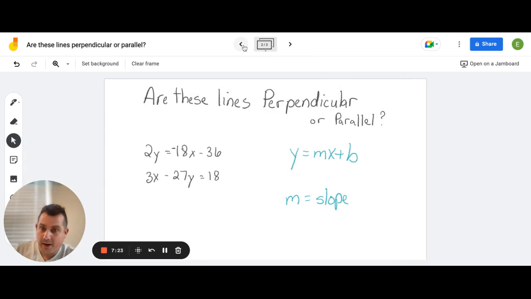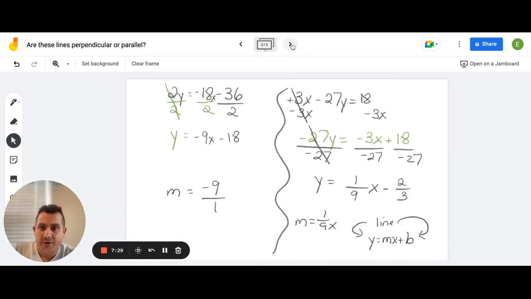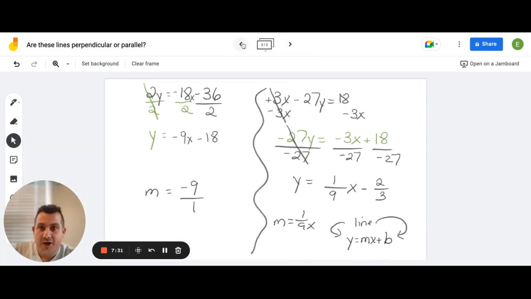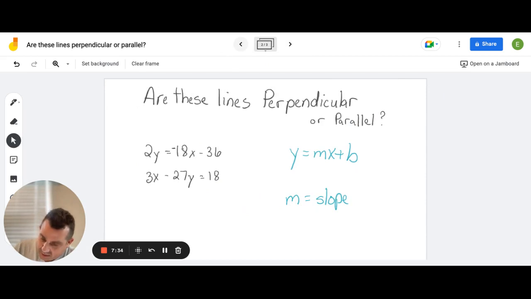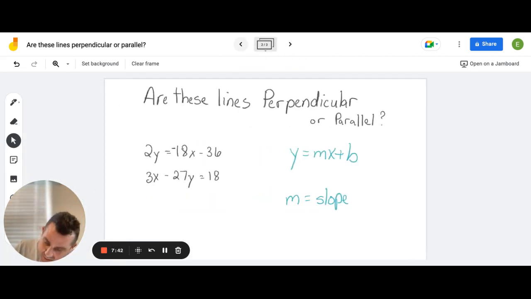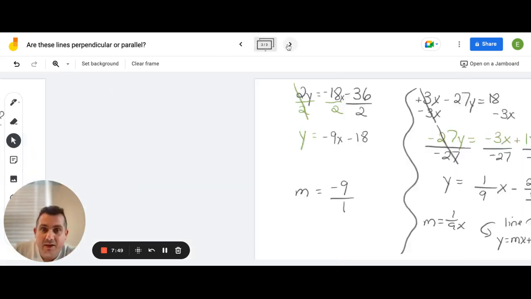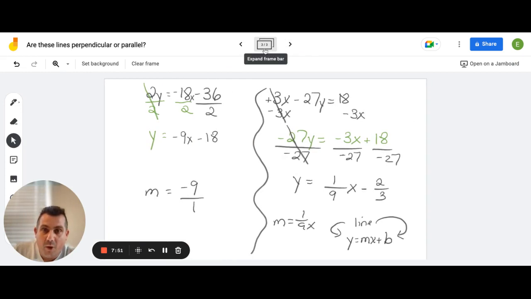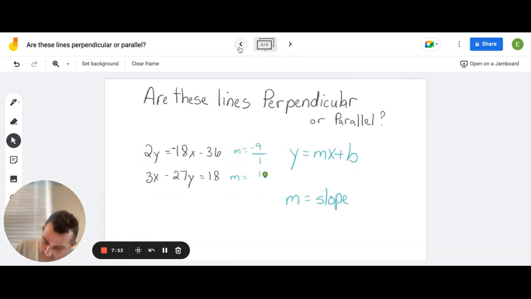So if I go back here, the first equation, my slope was negative 9 over 1. So m equals negative 9 over 1. And then our slope for this second equation is just going to be 1/9.